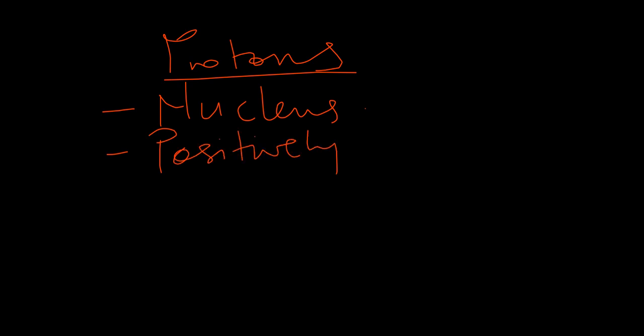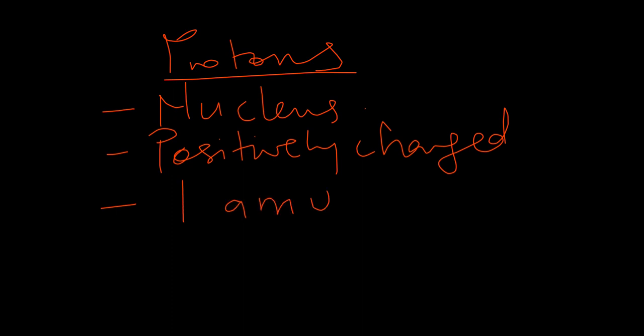And what about their masses? They have a mass of 1 atomic mass unit. Alright, so these are the three main properties of protons: found in the nucleus, positively charged, and have a mass of 1 atomic mass unit.